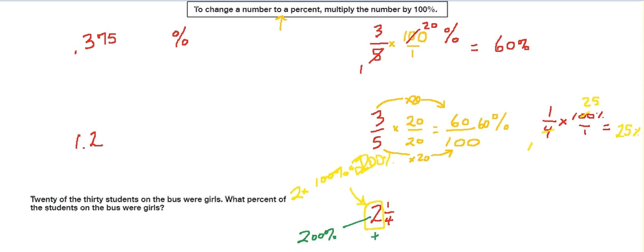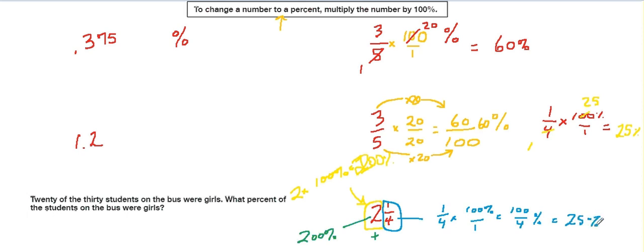So this is 200% plus whatever this fraction is, which is what we're learning about today. You do the 200% plus 1/4, we just learned, but let's do this again. We do 1/4 times 100%. Let's say if we don't cancel, you end up with 100 over 4%, which we reduce to be 25%.